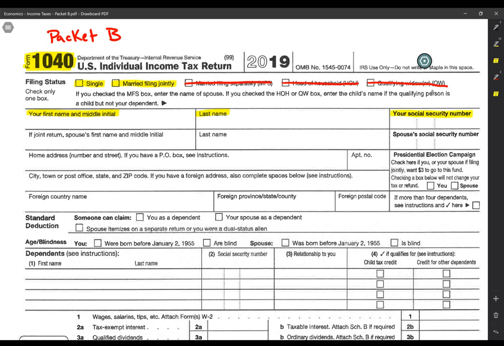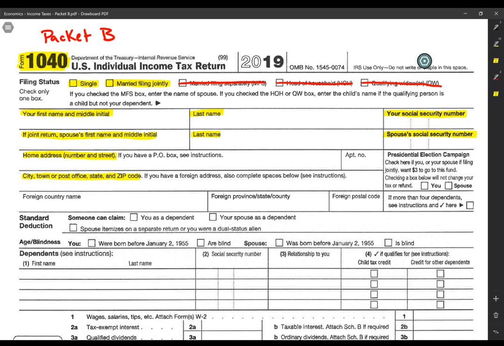If it's a joint return, so only if it's married filing jointly, you're going to fill out the spouse's first name and middle initial, last name, and social. Then their address. Okay, don't worry about the P.O. box. I'm not going to give a P.O. box.